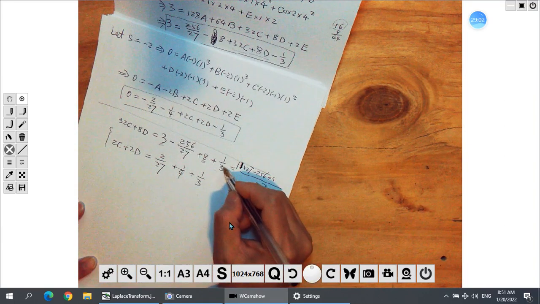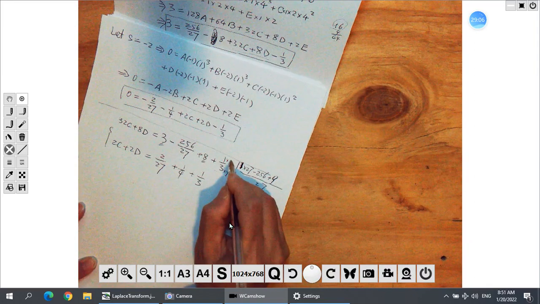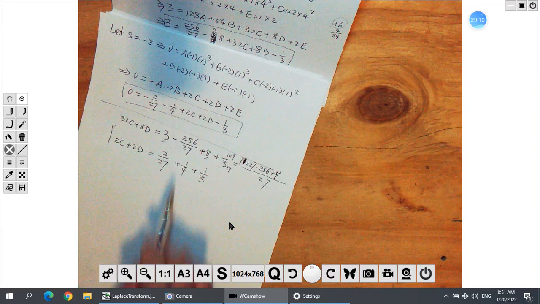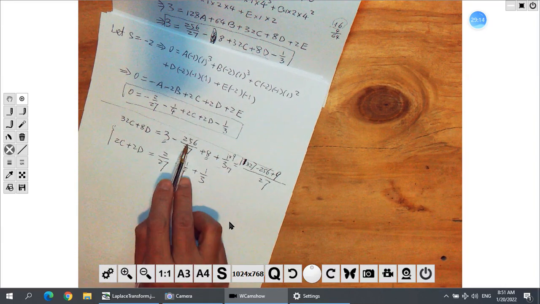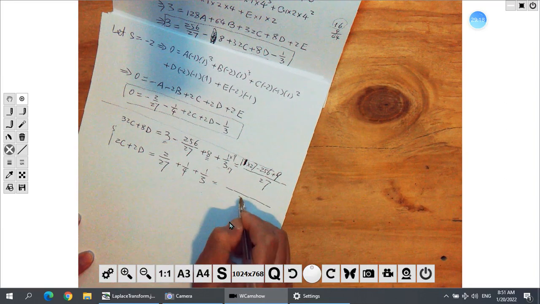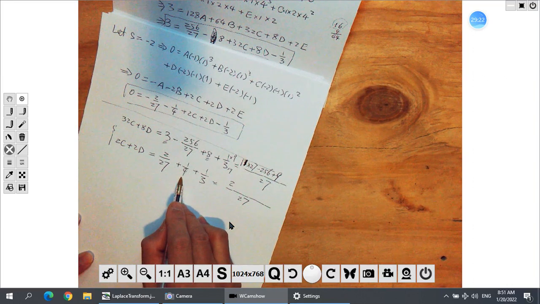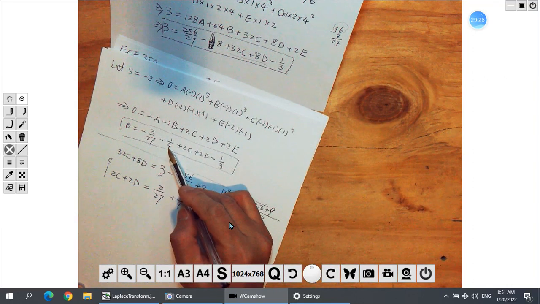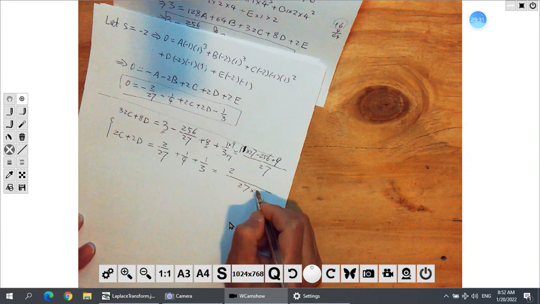I need another 9, right? 9 times 3, I get 27. So this is 11 times 27. And this one also uses denominator 27. 2 plus I have 1/4. Is it correct? No, 3. Okay, so I need times 2 here. Times 4 here.